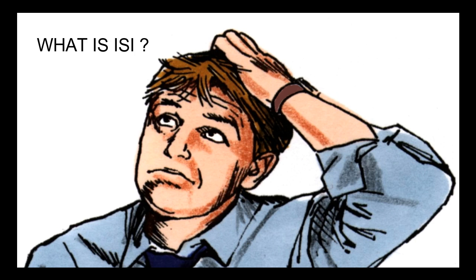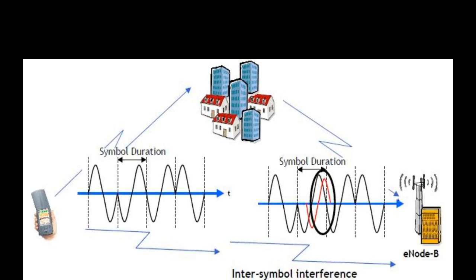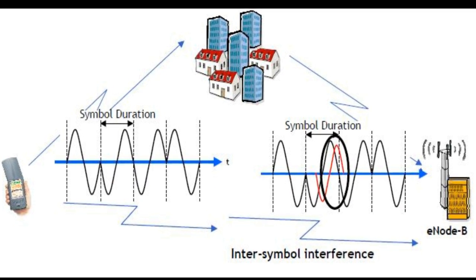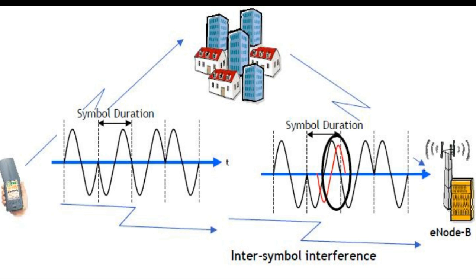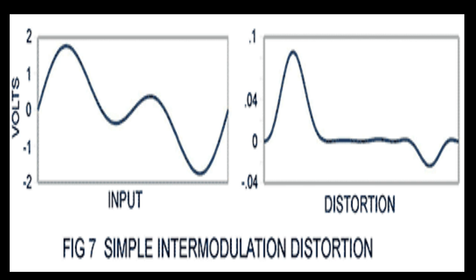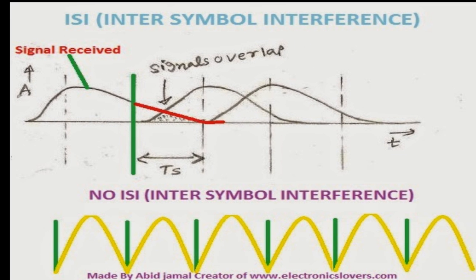What is ISI? ISI is intersymbol interference, which is a form of distortion of a signal in which one symbol interferes with the subsequent symbol. Distortion is the alteration of the original shape. This is an unwanted phenomenon, with a similar effect as noise.